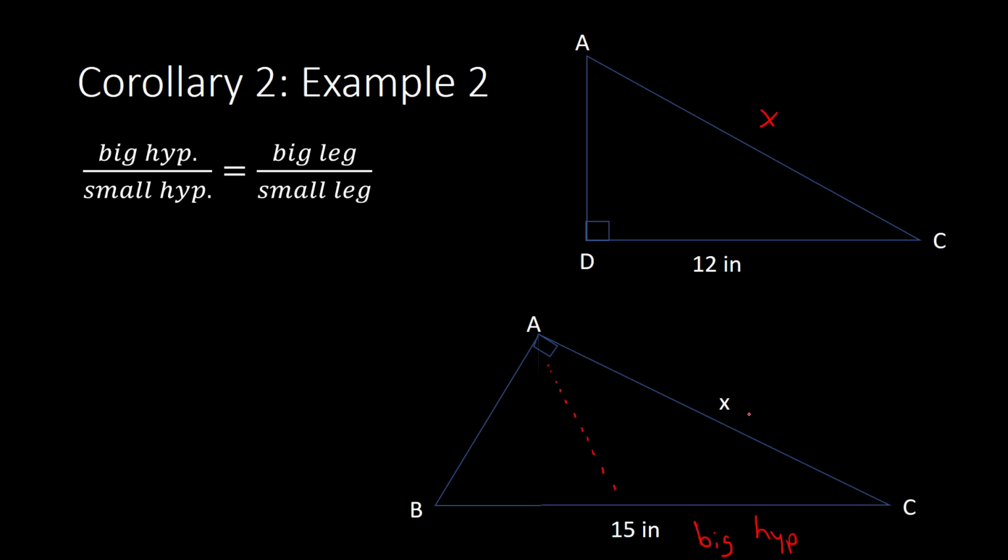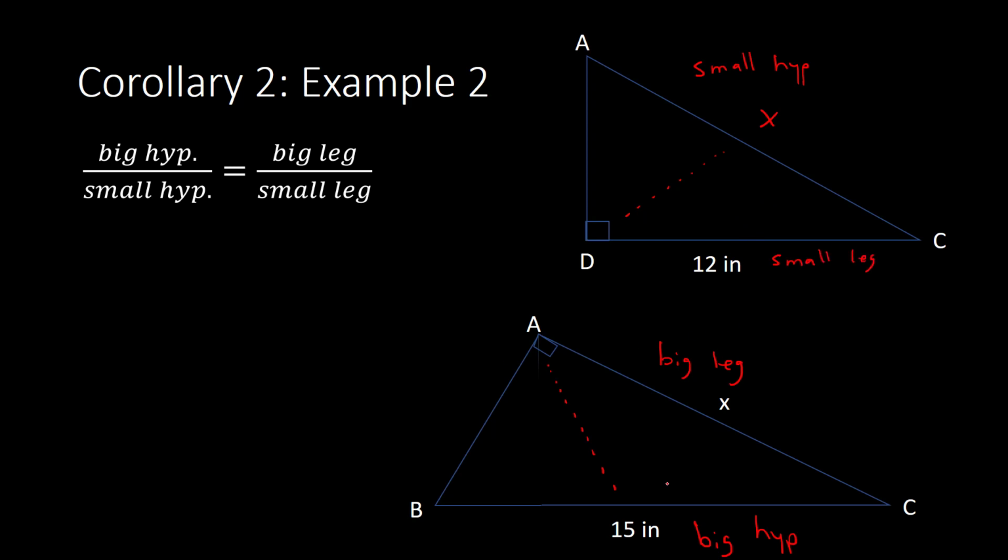And then the x over here would be the leg. So this would be the big leg. And then in the small triangle up here at the top, the hypotenuse is across from the right angle. So the x would be the small hypotenuse. And then the 12 would be the small leg.